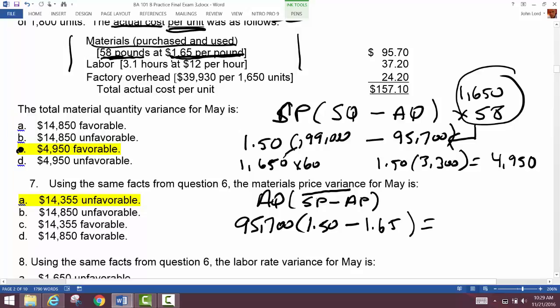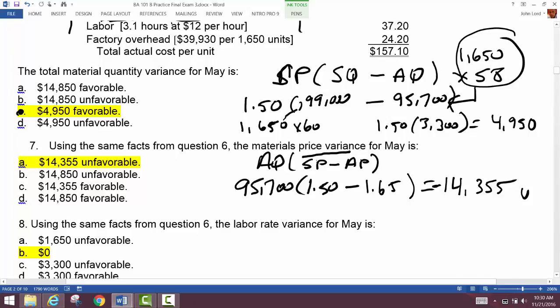So that gives me this 14,355, and the number is going to be negative, so it's unfavorable. Right?